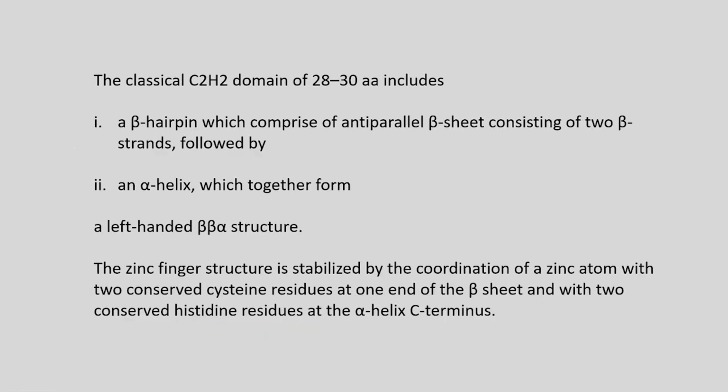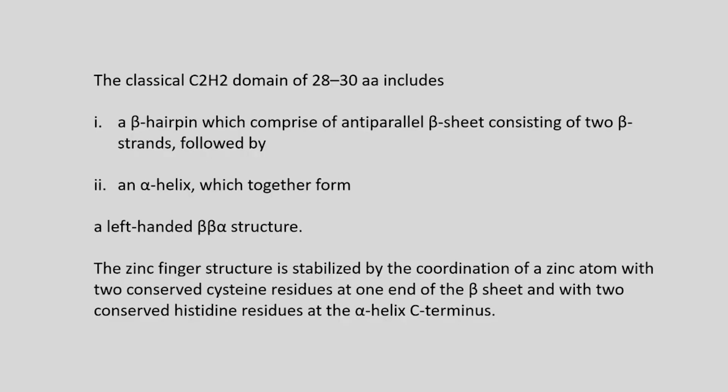So, we now know that in Xenopus laevis they had found around 30 amino acid residues, but further studies reveal that the C2H2 domain has a range of around 28 to 30 amino acids, and these C2H2 domains include certain secondary structure elements: a beta hairpin, which comprises antiparallel beta sheets consisting of 2 beta strands.